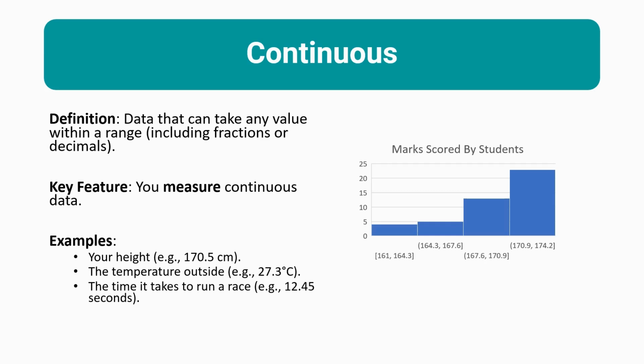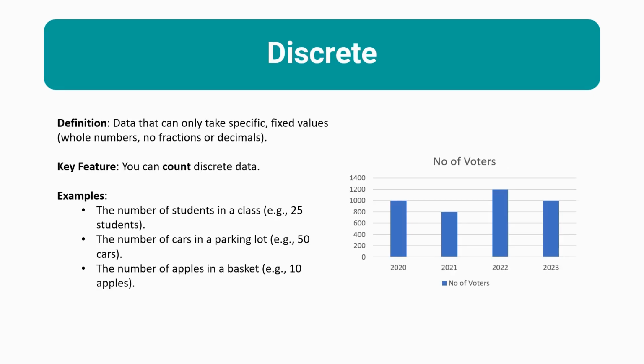For example, in this case, the heights of students from 161 centimeters to 164 centimeters are around 4 people in the class, and there are around 5 persons with the height 164 to 167, and there are a good number of people with height 167 to 170, and there are more than 20 students in the class whose height is more than 170. So ignore this marks scored by students, it's actually heights of the students. So this way you can plot the continuous data. This we call a histogram.